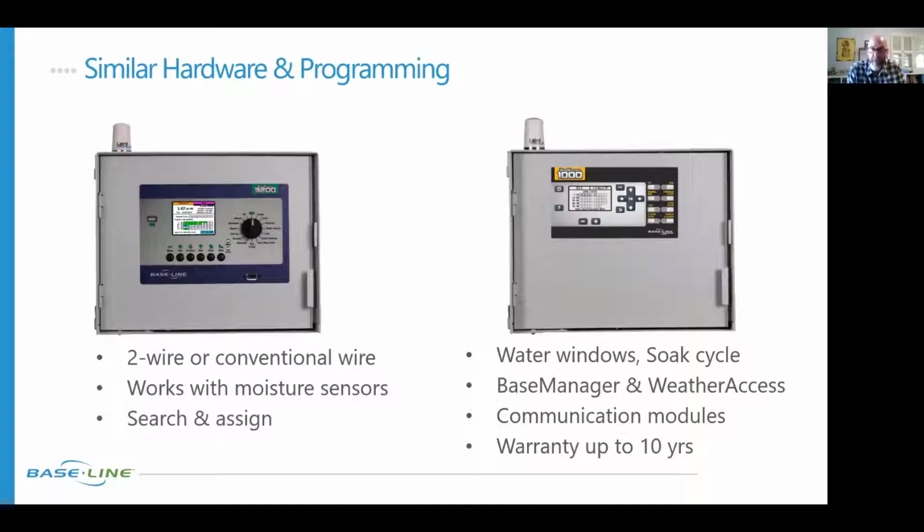Mm-hmm. Right. Excellent. That also occurred to me while you were talking, Dan, that the search and assign is the same, which indicates that the 2-wire technology is the same, that we've got that two-way communication utilizing real-time data across both platforms in order to manage, monitor flow, use soil moisture sensors and other 2-wire devices.